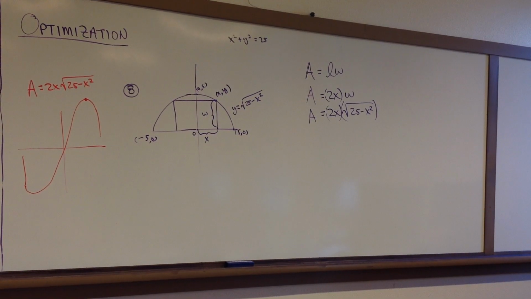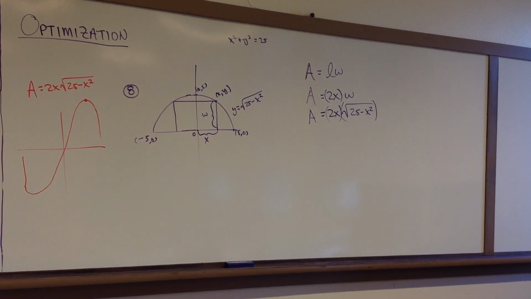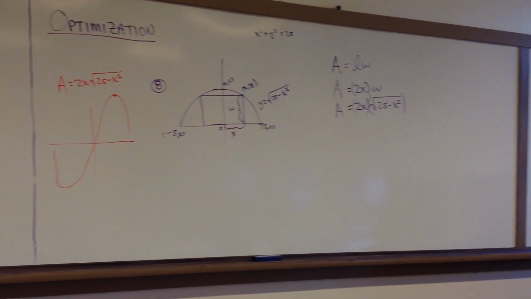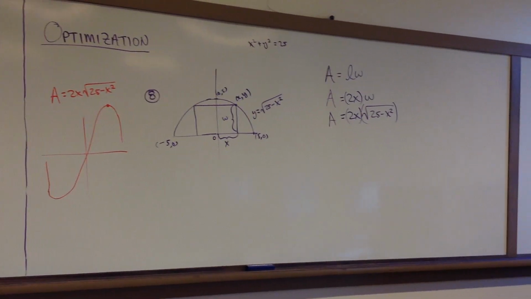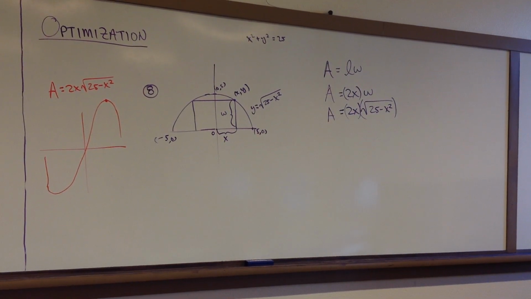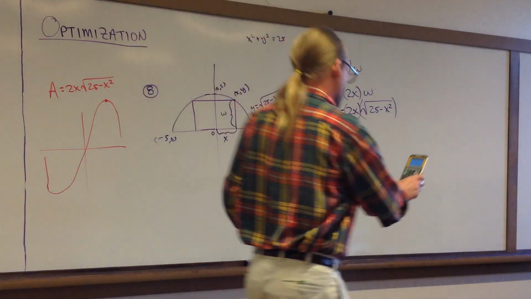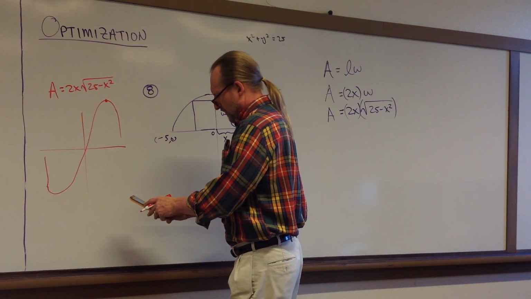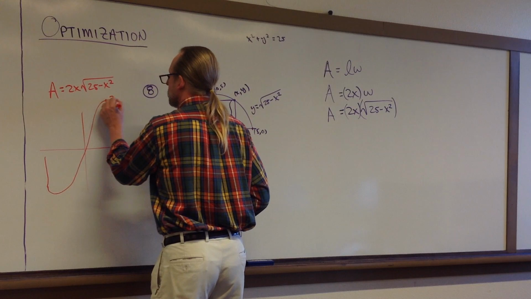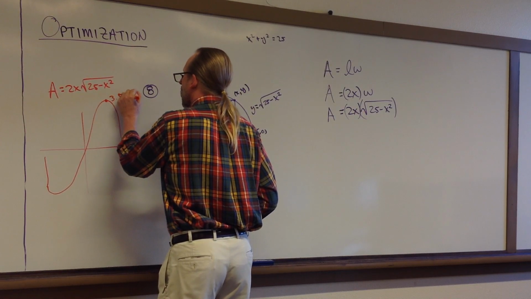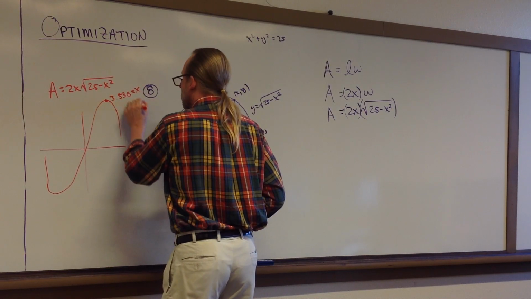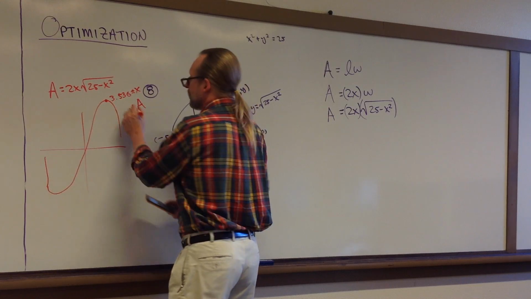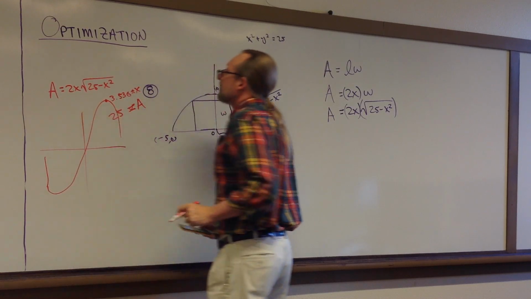Let's see, did I move the screen a little bit? Oh, okay. So what do we got here? That point is where x is 3.536, and the area is exactly 25.